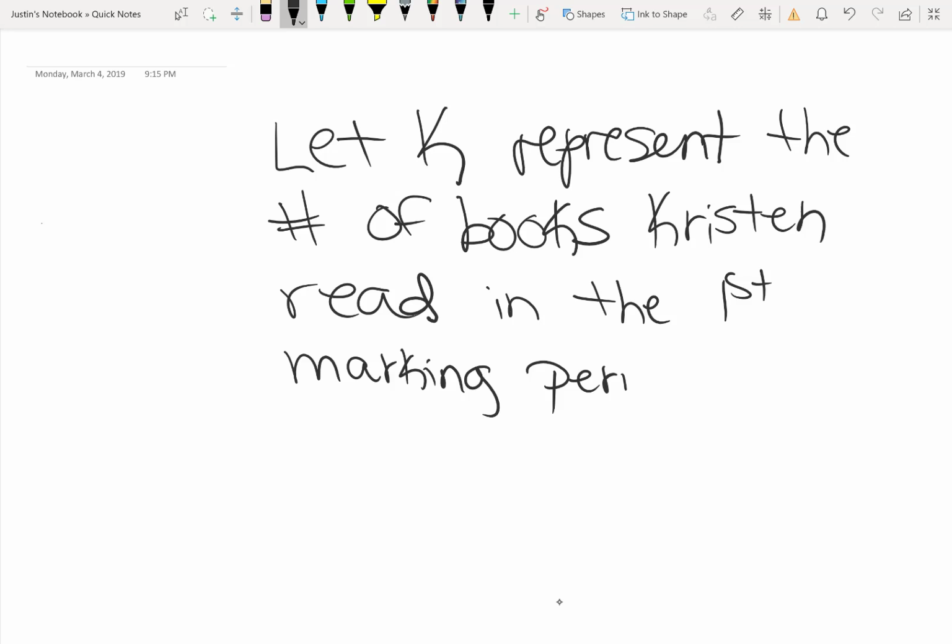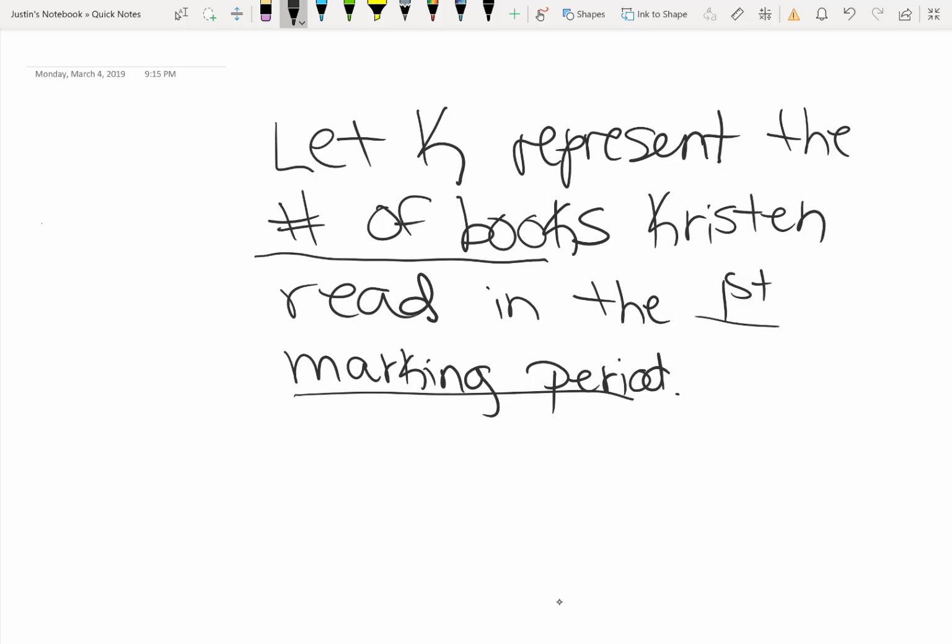So go ahead and make sure you write that in that box where it decides to describe with units. Okay. So the first two we were talking about dollars. Now we're talking about number of books in the first marking period. All right. So how many books is she reading in the first marking period, and number of books is how we're describing it.